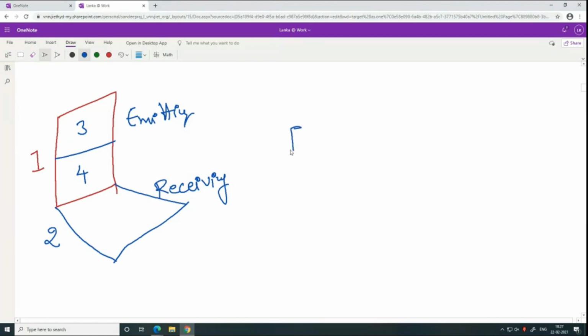If this is what is happening here, then I can write F12 as the summation of F32 plus F42. F12 means the whole body 1 is emitting heat to body 2.